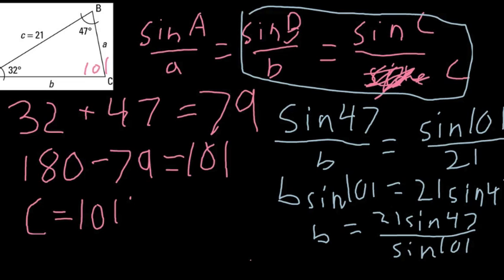And if we plug all that into our calculator, and make sure you're in degree mode, not radian mode, you should get a side measure of B equals 15.6459.